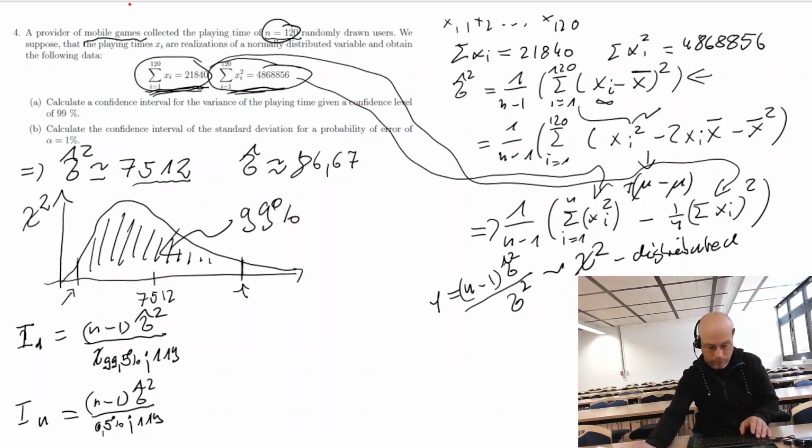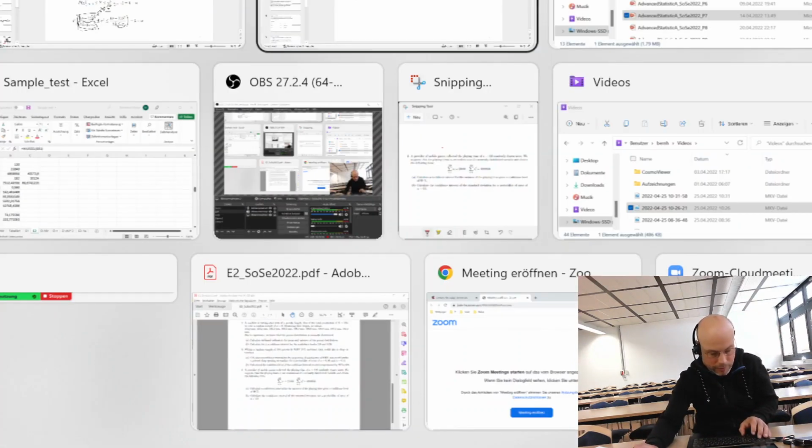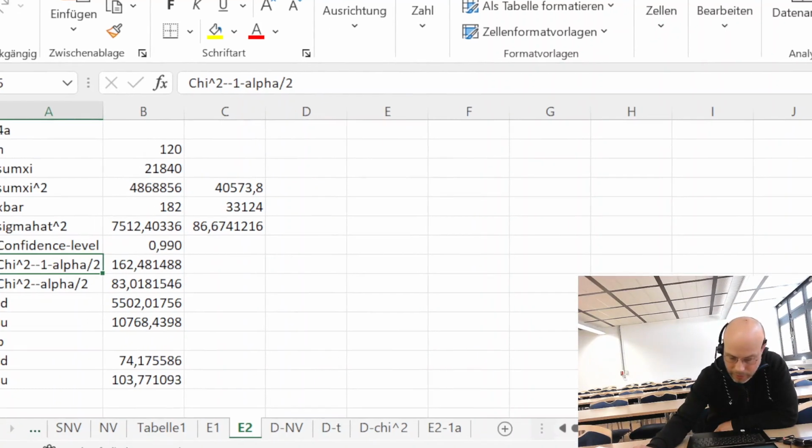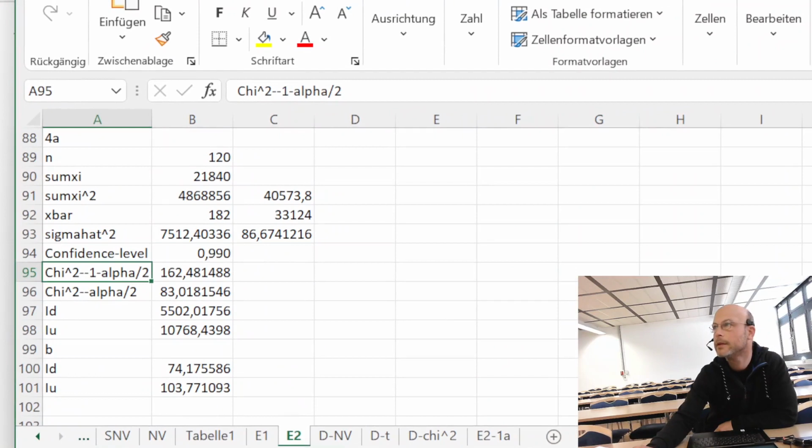So, using these numbers, I have done this for you in Excel. We have 1 minus alpha, here chi squared. Oh, you don't see this. Let me move it to the right.